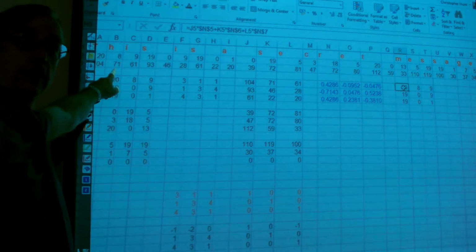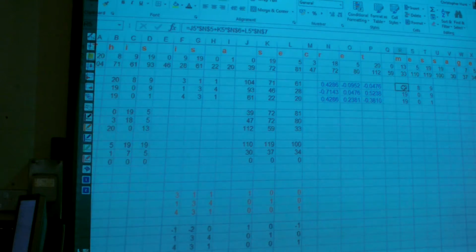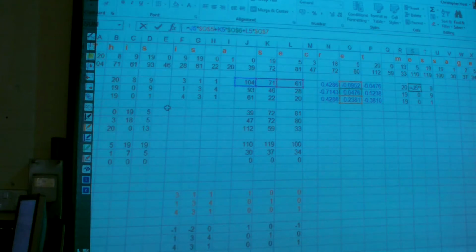It's the number that we had originally. And in each cell, we've got the same values that we started out with. Yeah?